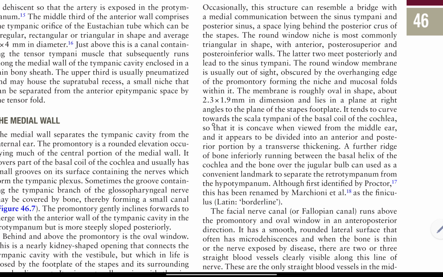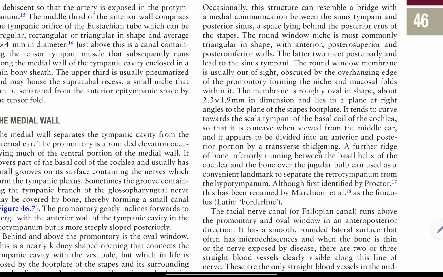It tends to curve towards the scala tympani of the basal coil of the cochlea, so that it is concave when viewed from the middle ear, and it appears to be divided into an anterior and posterior portion by a transverse thickening.